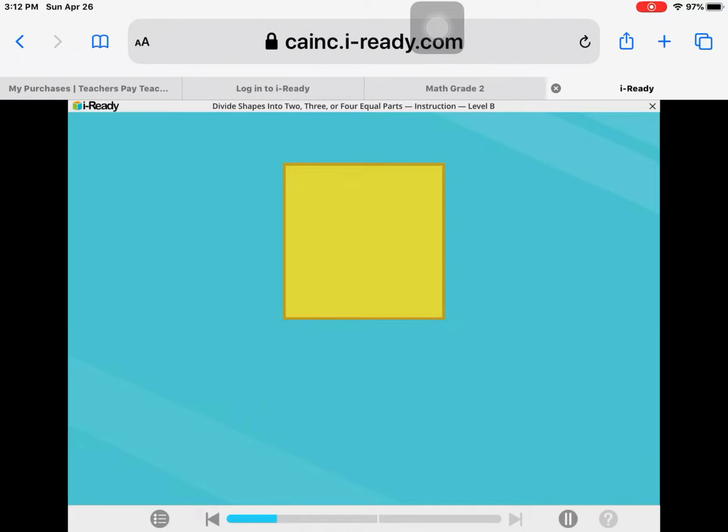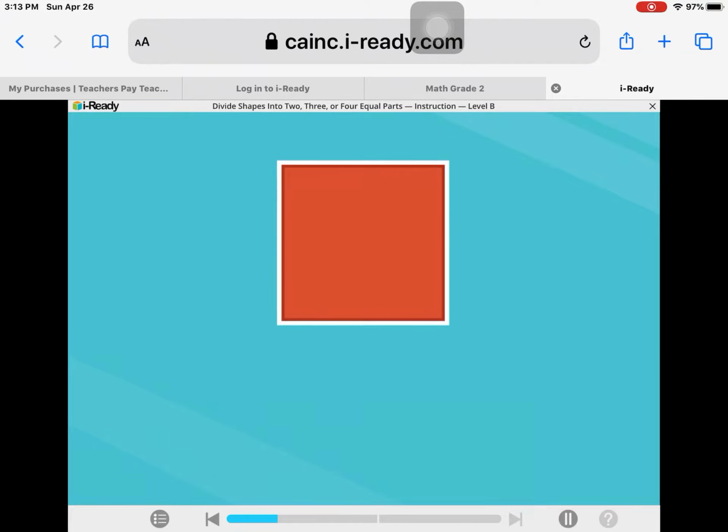This square can be divided into 4 smaller squares. Tap the square to break it into fourths. Right, 4/4. Tap the square again. Yep, these rectangles are also fourths.